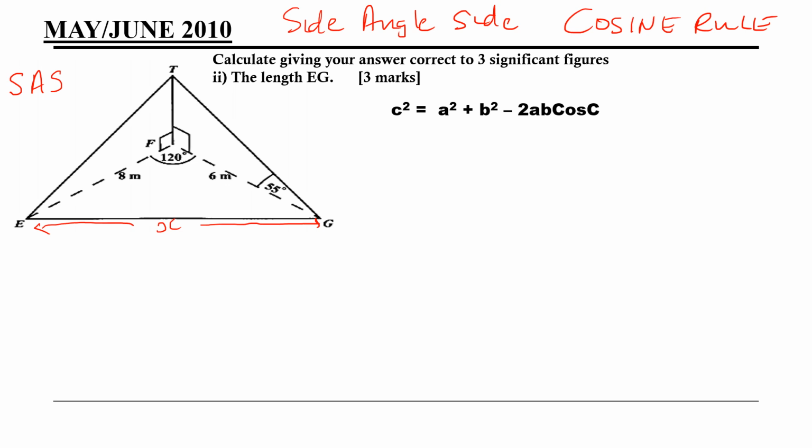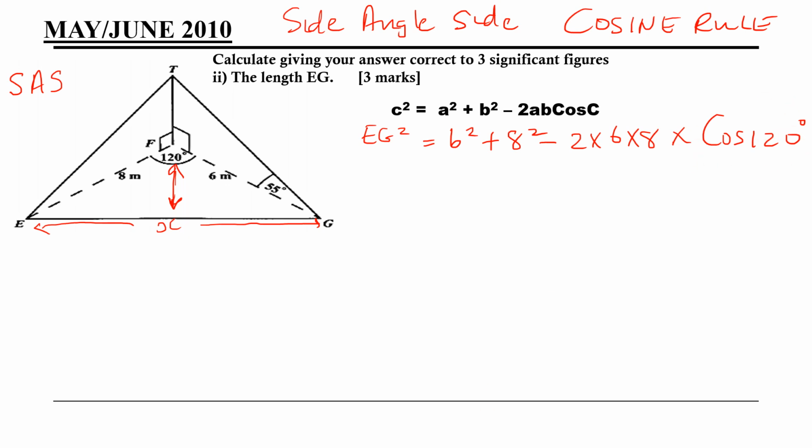So c squared would be EG squared, which is equal to, and we could use either of the two, it doesn't matter, 6 squared plus 8 squared, minus 2 times 6 times 8 times cos 120. You notice these two are opposite to each other. We're trying to find EG, and EG is opposite to the angle 120. Hence, EG squared matches the cos 120.